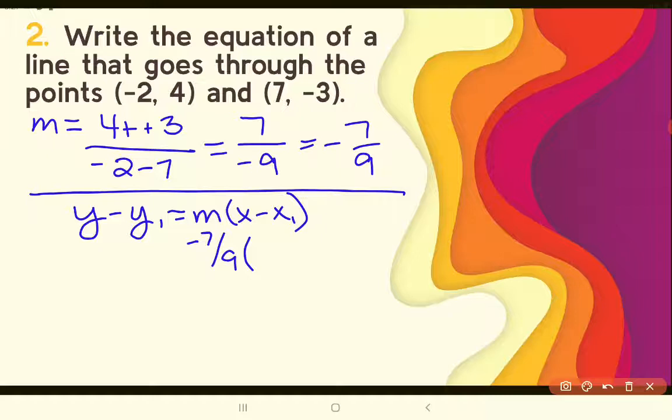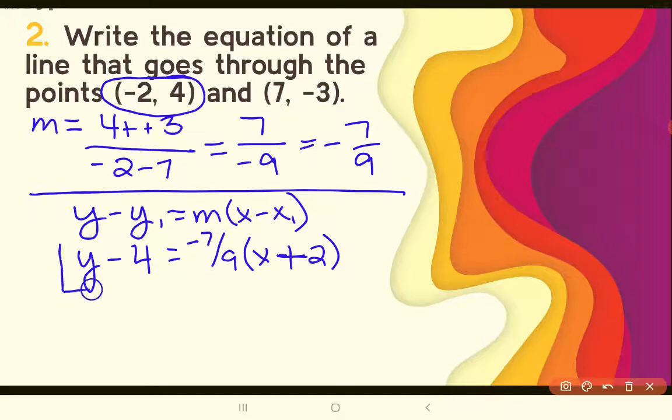Personally, I'm going to pick the negative 2, 4, just because it does have smaller numbers than the second point. So I'm using this first point, but I could use the second one. It wouldn't matter. And I say x minus x1 in this case is negative 2. On the other side, I do y minus, and then y1 is 4. Well, look what happened in parentheses here. Two negatives make a positive.